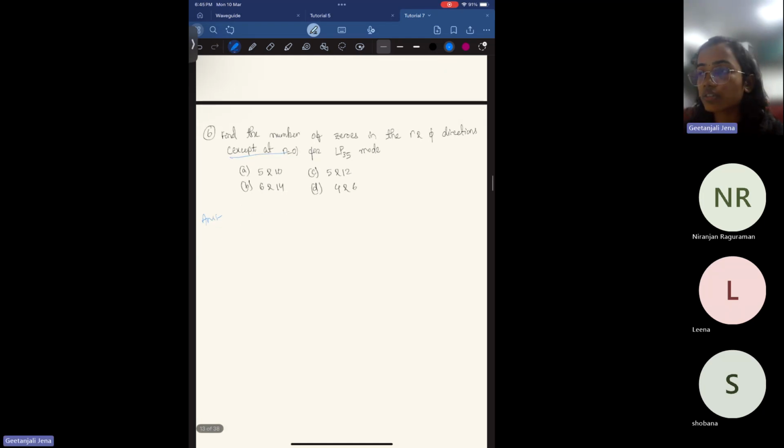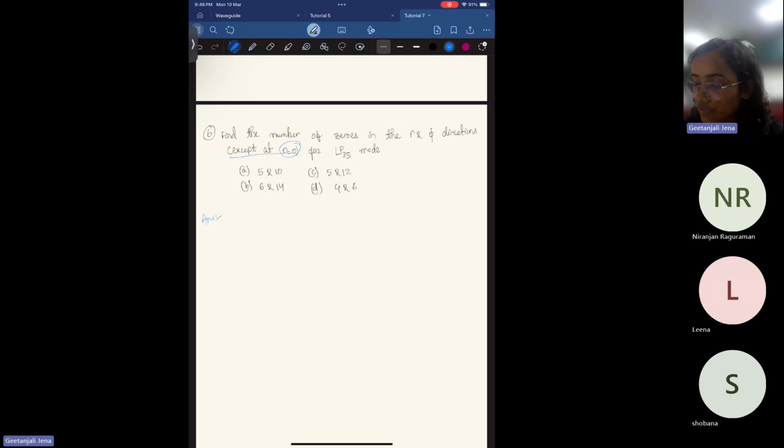If you recall the transverse field profile, going in the phi direction we can find zeros in the mode profile. Also in the r direction, we can have the mode profile tending to 0 other than the origin point, which is r equal to 0.